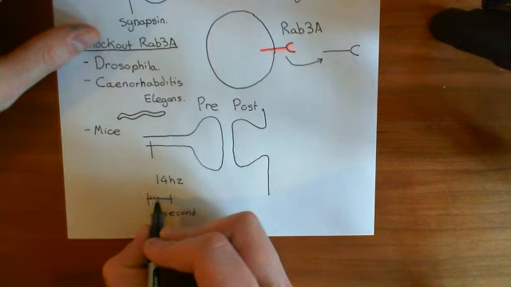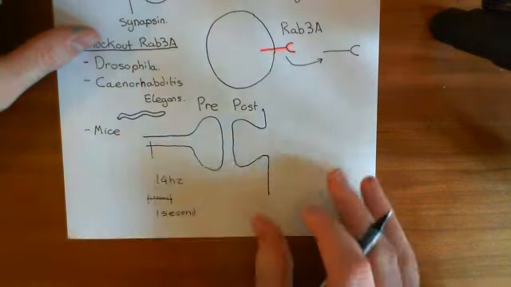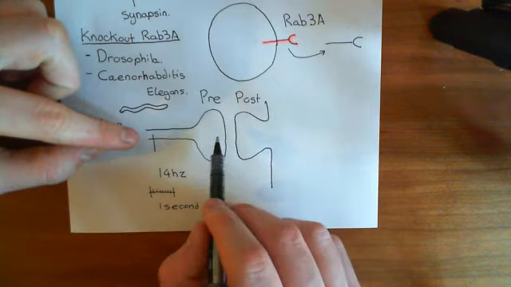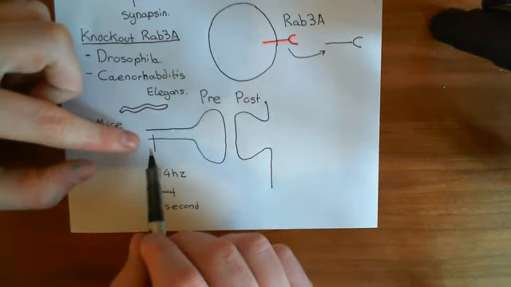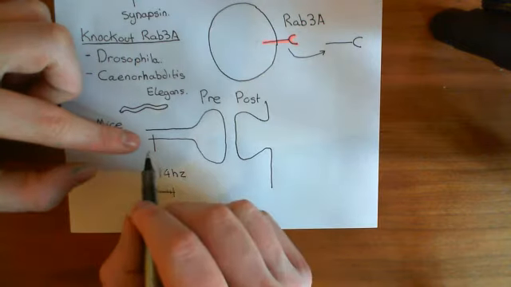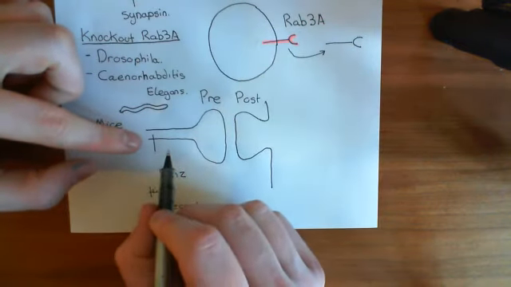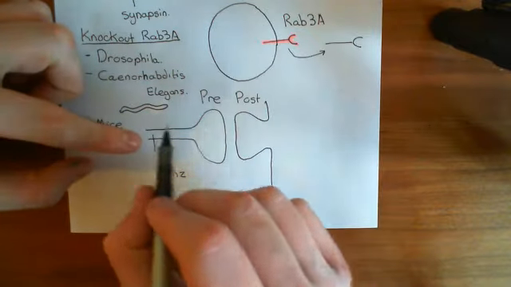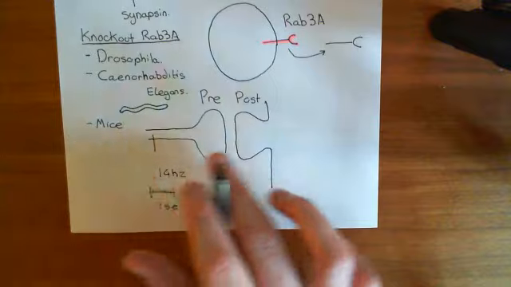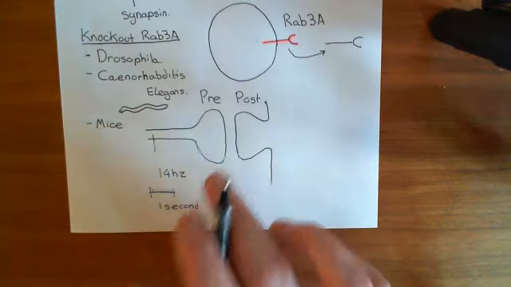So you'll fire 14 times, and I'm not going to be able to fit 14 of them into there. But the point is that you stimulate it 14 times in a second, and they're evenly distributed. So you do it every 1/14th of a second. So you stimulate, wait 1/14th of a second, stimulate again, wait 1/14th of a second, stimulate again, etc. So it's firing action potentials continuously.